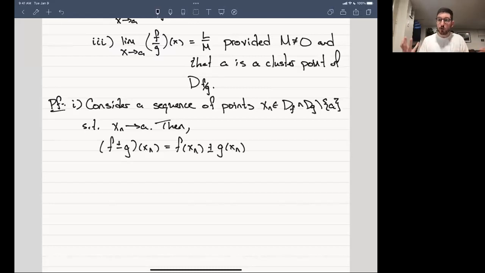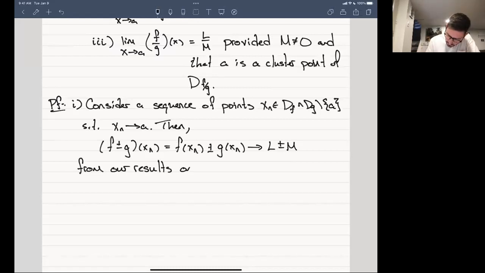But since these are convergent sequences, now we know that they themselves are sequences, and so they can be added or subtracted in the limit. Sorry, I keep forgetting the minus here as well. This, from our results on algebraic combinations of sequences, right?